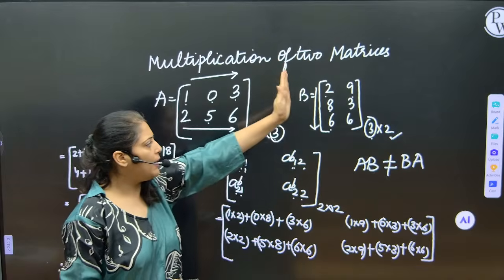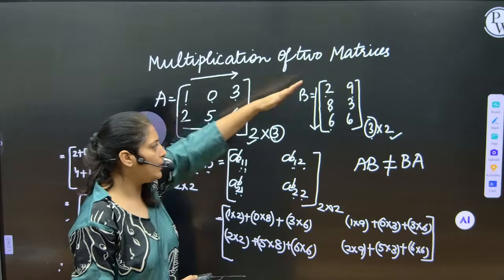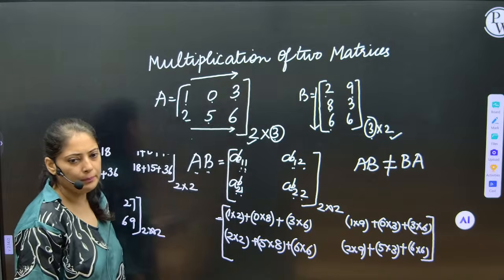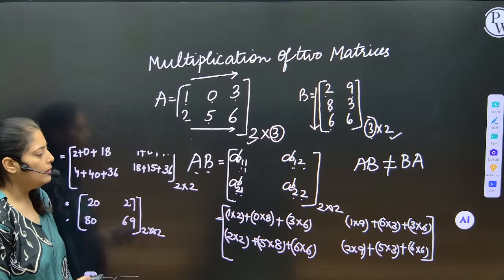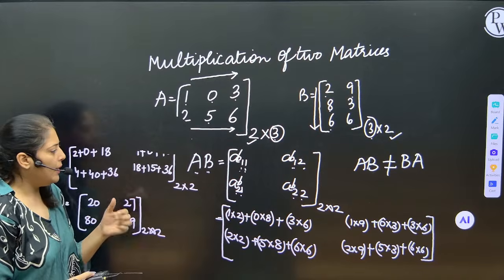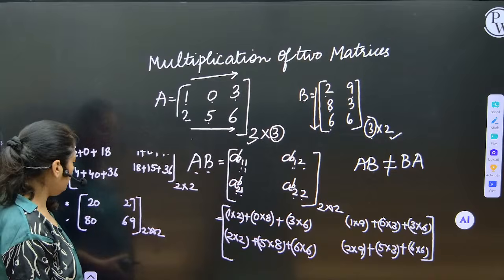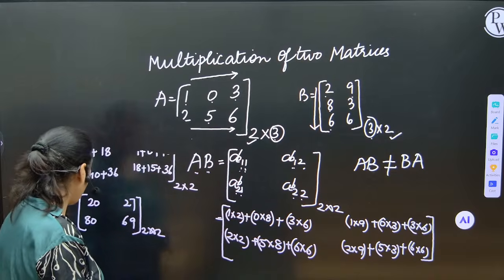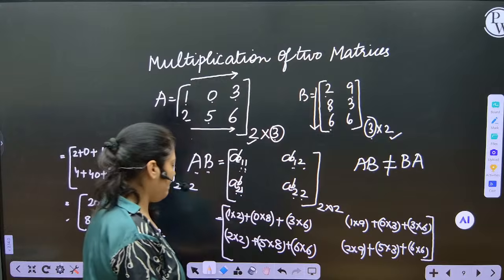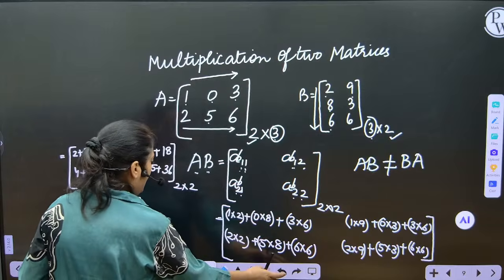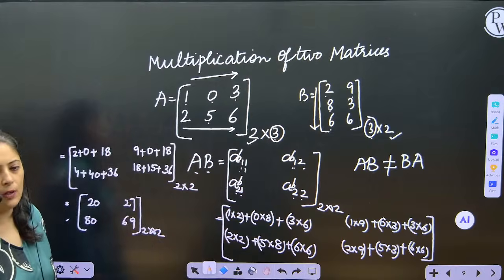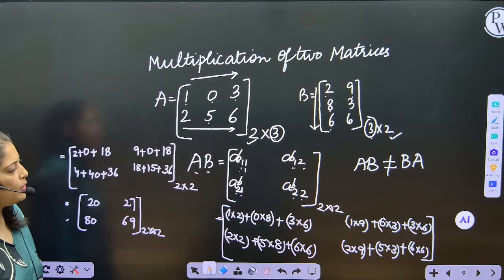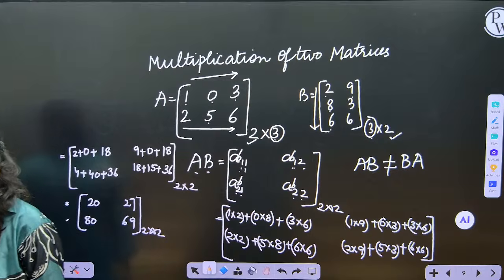Second row will be multiplied with first column, second row with second column. Okay, that is what I have done. Add them and get the answer. All right, just have a look and then I'll proceed.